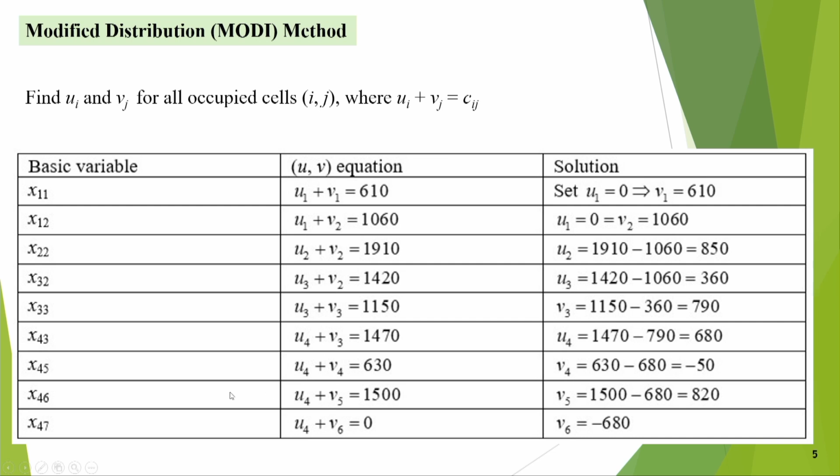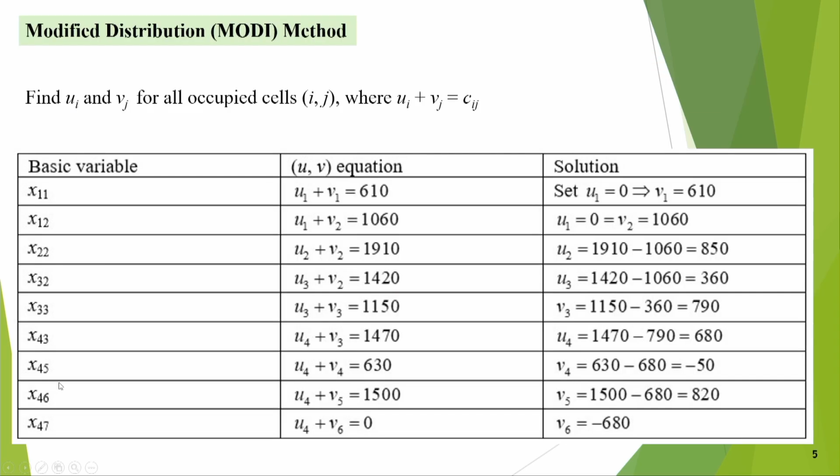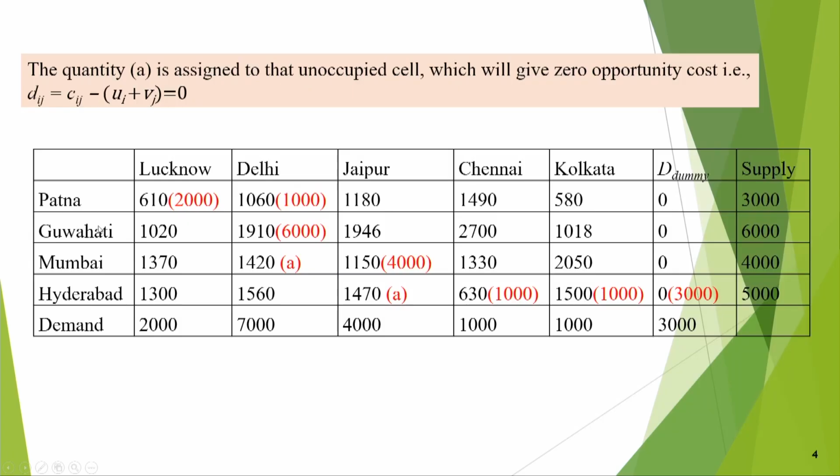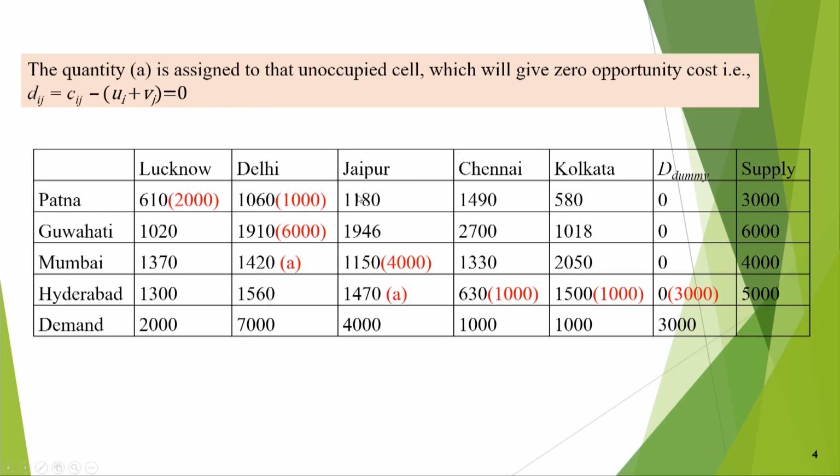Okay, there are only 6 columns. So, 4, 5, x11. Okay, and this is x12, x22. So, x11 was 610, u1 plus v1 is equal to 610.